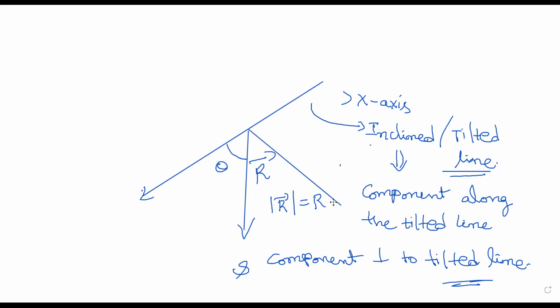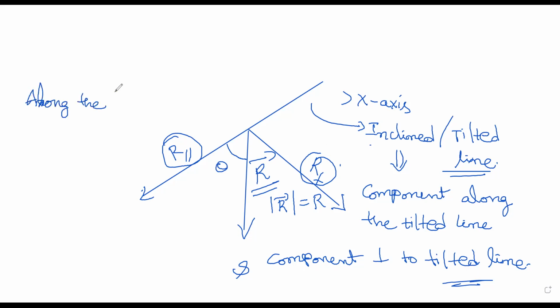So along the inclined plane, we call it R parallel, and R perpendicular. Here, this R bar is along this. I cap and j cap will not come here, but we need the resolution of the components. We call this R parallel and R perpendicular. I cap and j cap will come when you choose the x and y axis, but this is not the x and y axis, definitely. So I call this the inclined or tilted. So along the tilted, we call this R parallel.